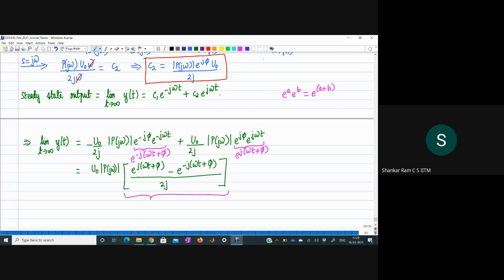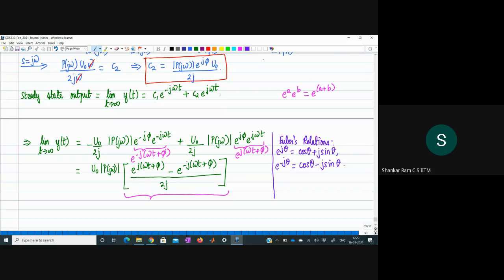So can you recall what is meant by Euler's relation in complex variables? If we recall Euler's relation, e power j theta is equal to cos theta plus j sin theta, right? That is one, and e power minus j theta is cos theta minus j sin theta.